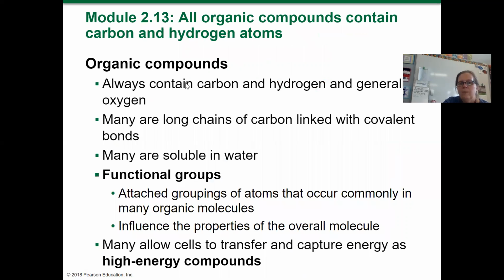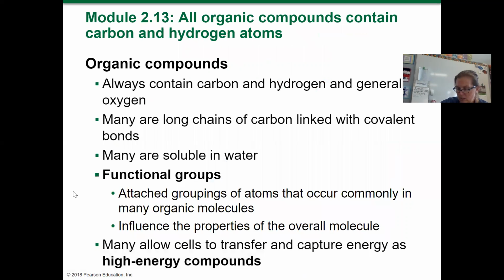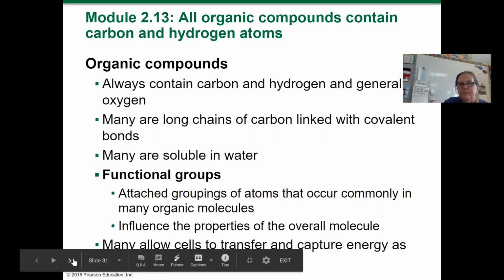In general, organic compounds contain carbon and hydrogen. They have a functional group attached to them, which makes them all different. There's a table on page 75 that shows you some common functional groups.